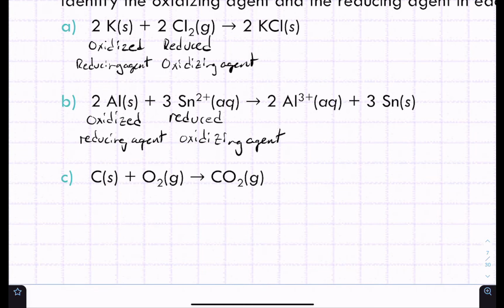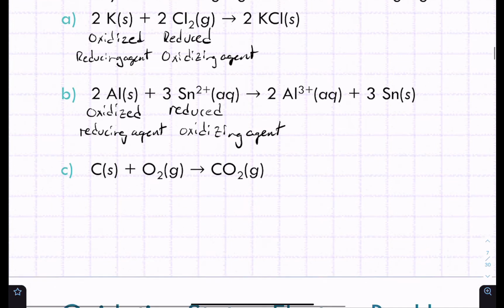How about for C? Is carbon being oxidized? Hands up if you think it's carbon. How about oxygen? Is oxygen being oxidized? There's a lot of indecision in the room. Well, oxygen can't be oxidized because oxygen would be the oxidizing agent because it's oxygen, right?